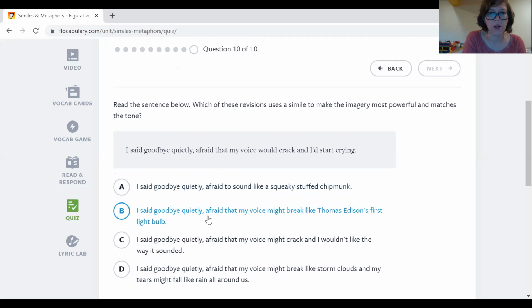B, I said goodbye quietly, afraid that my voice might break like Thomas Edison's first light bulb. C, I said goodbye quietly, afraid that my voice might crack and I wouldn't like the way it sounded. D, I said goodbye quietly, afraid that my voice might break like storm clouds and my tears might fall like rain all around us. So which one uses a simile that makes a powerful image?